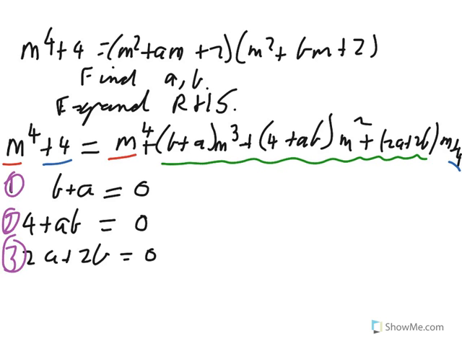Okay, so we've got that now. The first and the third are exactly the same, so we've got two equations here. And from equation 1, we can find that a is negative b.